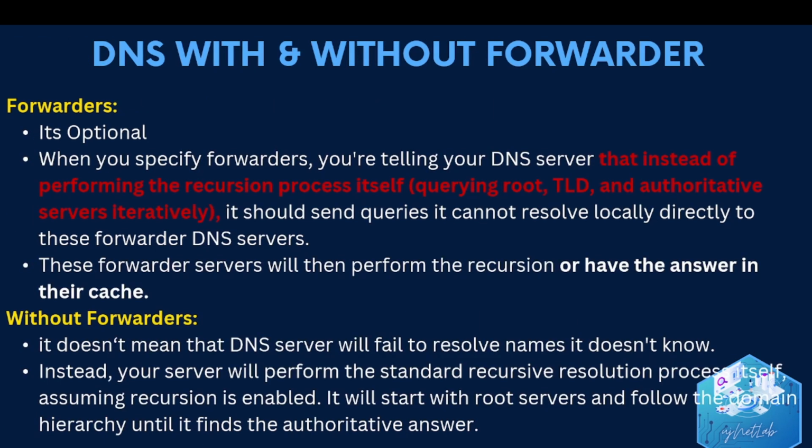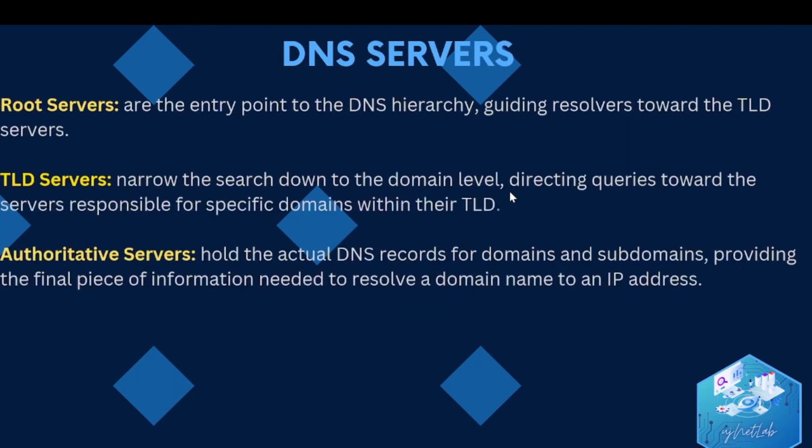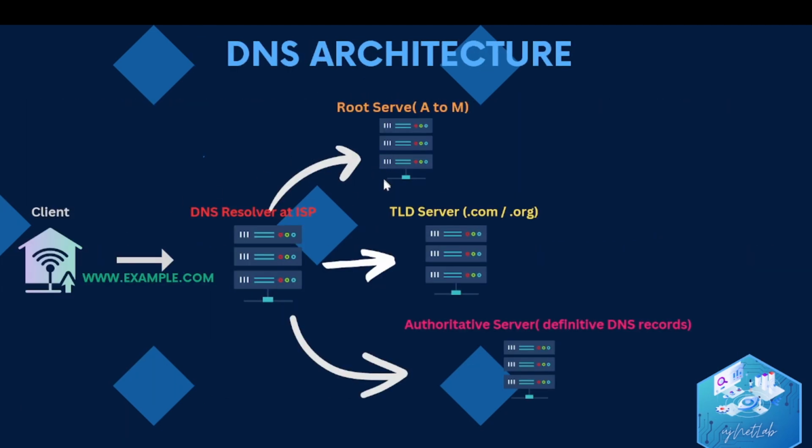Now we have the forwarder. What are forwarders doing? It is good, it's optional. It is not necessary that you have to do it, but it helps. Let's go here. This is for the resolver, right? If you don't have the information for twitter.com, as I told you, it will go to the root server, and then the root server will say go here, and then it will go to the authoritative server.